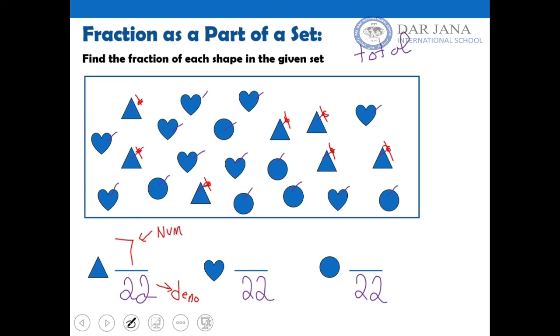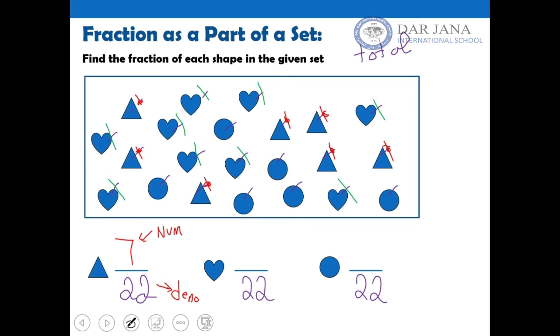Now for the hearts, I'm going to use a different color. So you have here 1, 2, 3, 4, 5, 6, 7, 8, and 9.